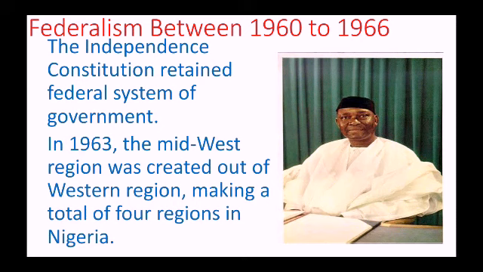So, the regions became 4 due to the creation of Midwestern region from the Western region. So let's look at federalism from 1967 down to 1975.